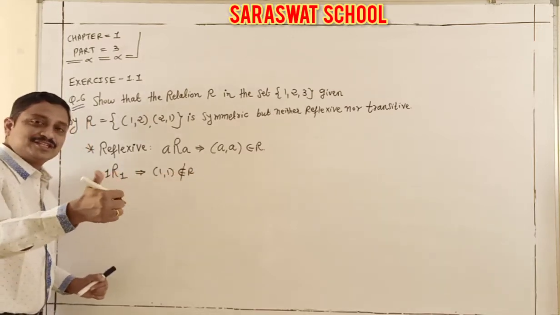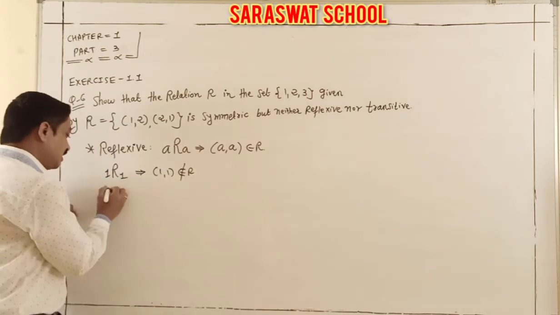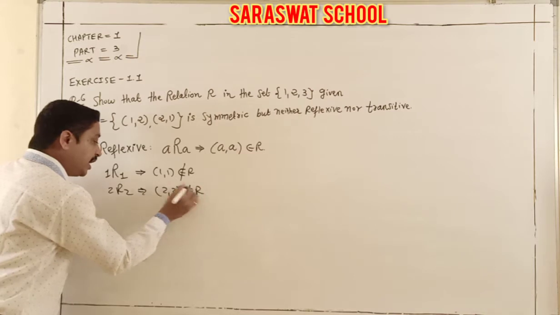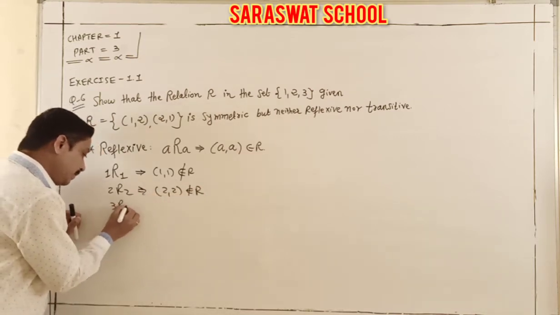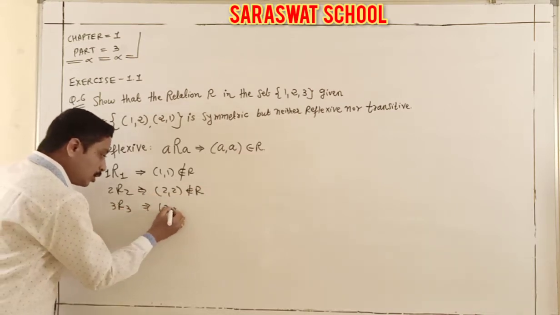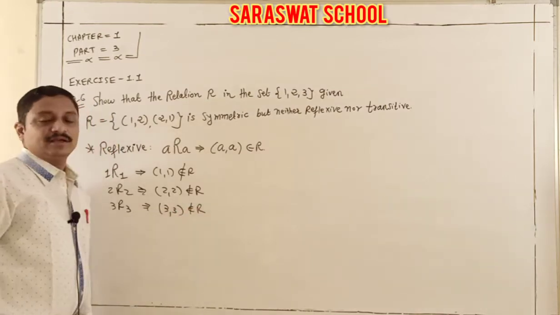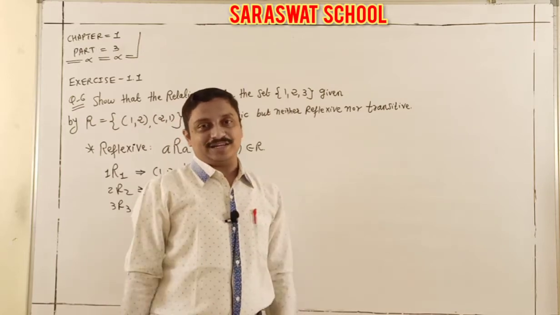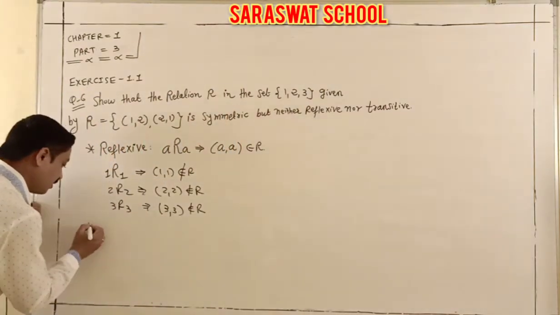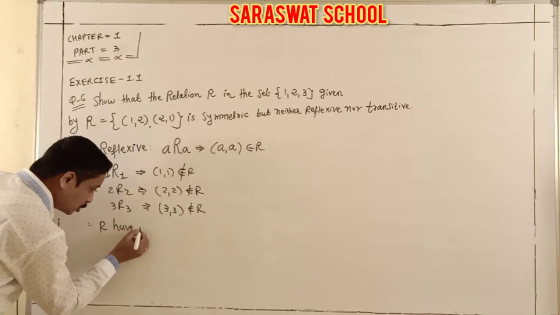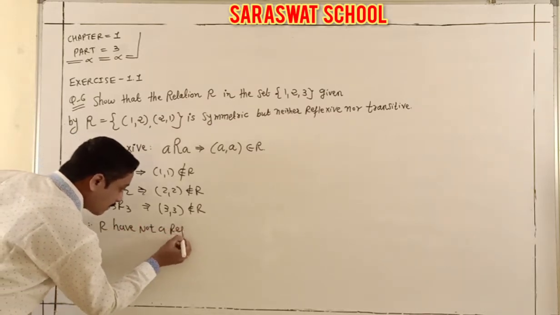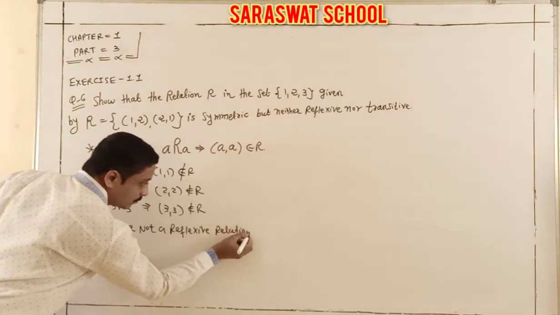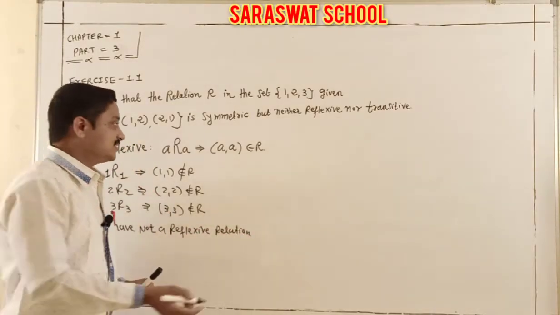No, it does not belong to R. Another number, 2: (2, 2), again not belonging. And (3, 3), not belonging. Finally, in all three cases using the set {1, 2, 3}, they do not belong to the relation. Therefore, R is not a reflexive relation.